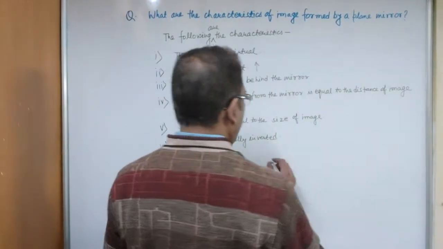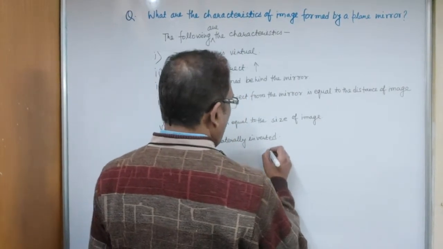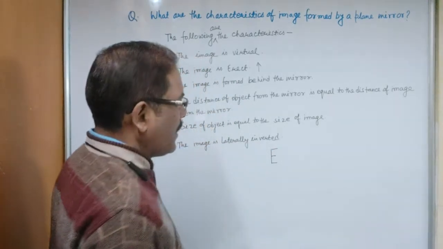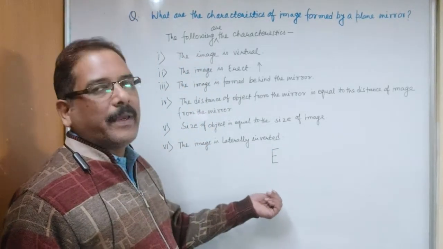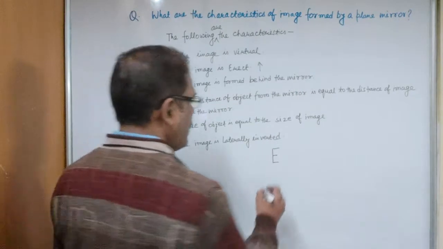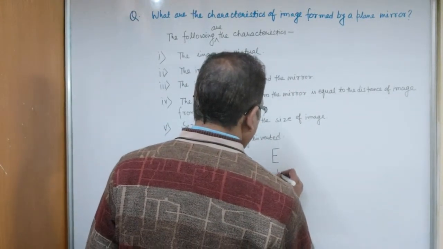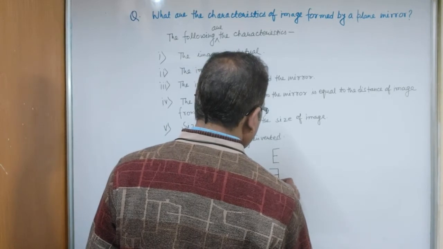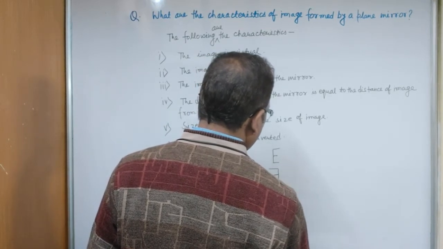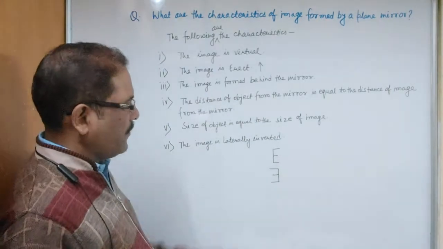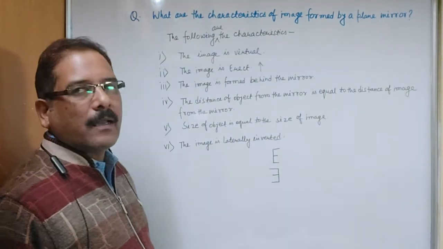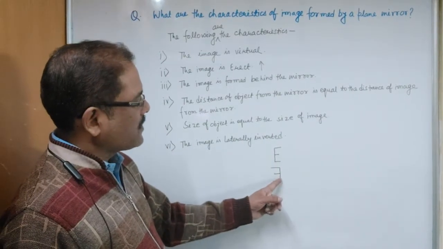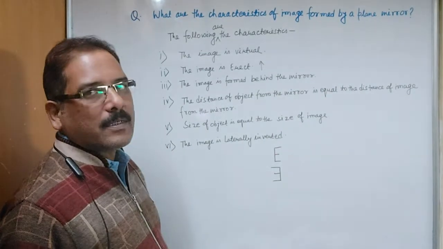It means if suppose you are writing a letter E on a page and you want to see the image of this letter on a mirror, then it will be like this. So we can say that yes, this image is laterally inverted. The left side is towards right and the right side is towards left.